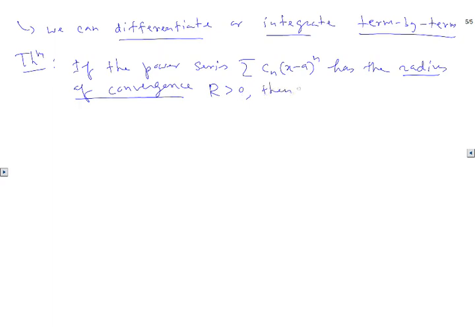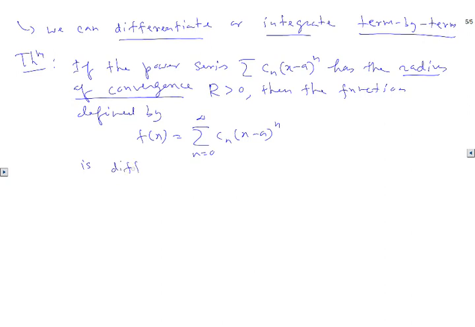Then the function defined by f of x equals sigma c n x minus a to the n, from 0 to infinity, is differentiable, and also integrable. Integrable is clear, but it says that it's differentiable, and we can write these two results.